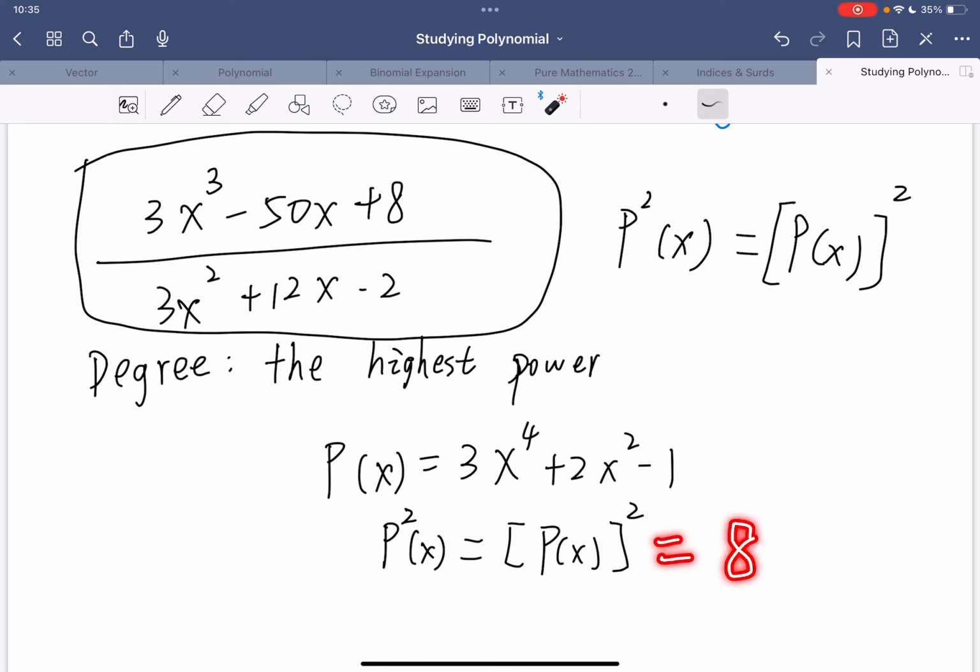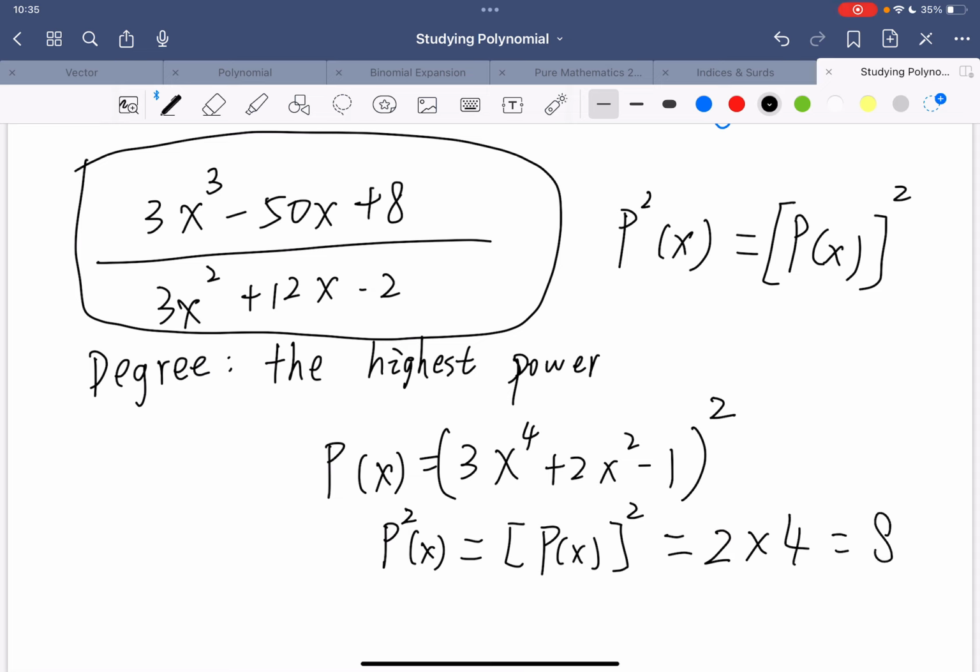How can I find out the new degree so quickly? Because if we use brackets and square the whole thing, you will find that the degree is determined only by the original degree. So you just need to use 2 times 4 equals 8. That is the new degree, because all the other powers will not affect the new degree.